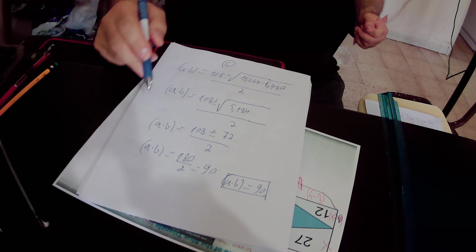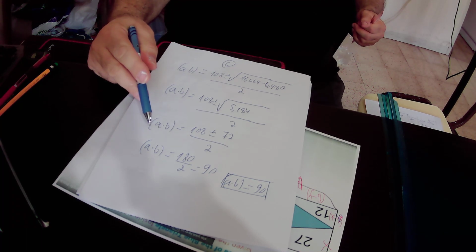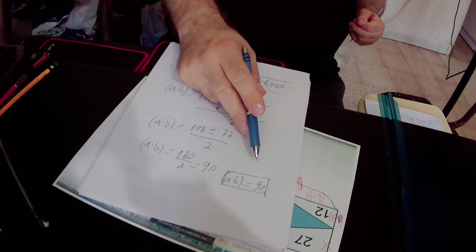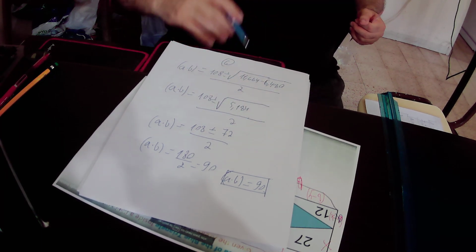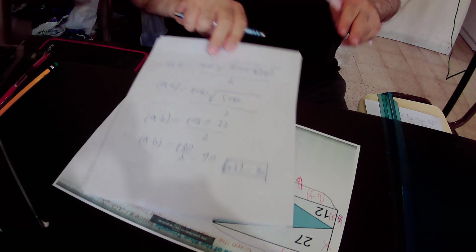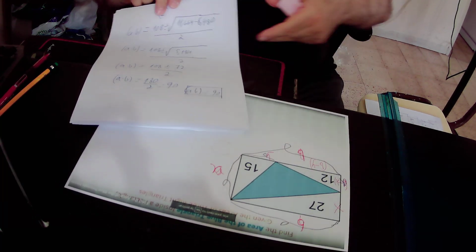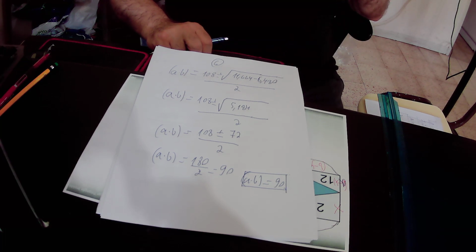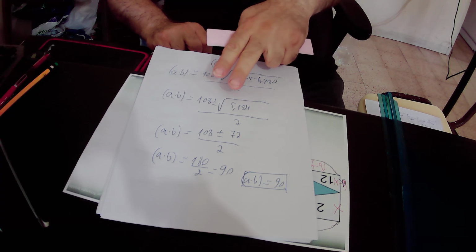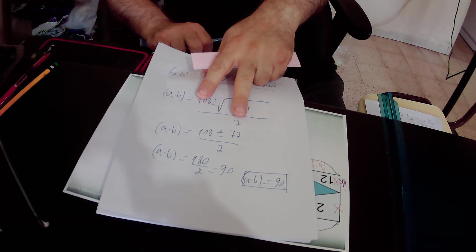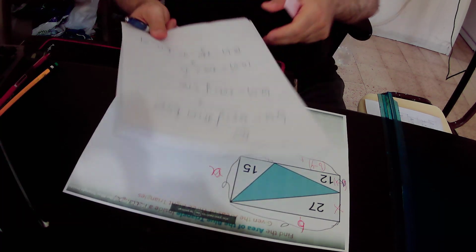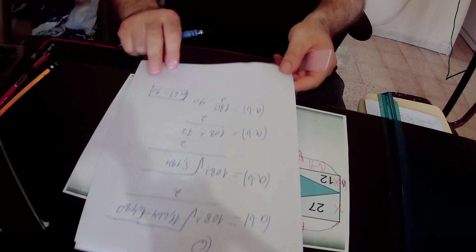So the first solution for our variable a times b is that a times b equals 90 units. That is to say the area of our rectangle is 90 units. And we must not forget that we also have the second solution, that will be 108 minus 72 divided by 2.